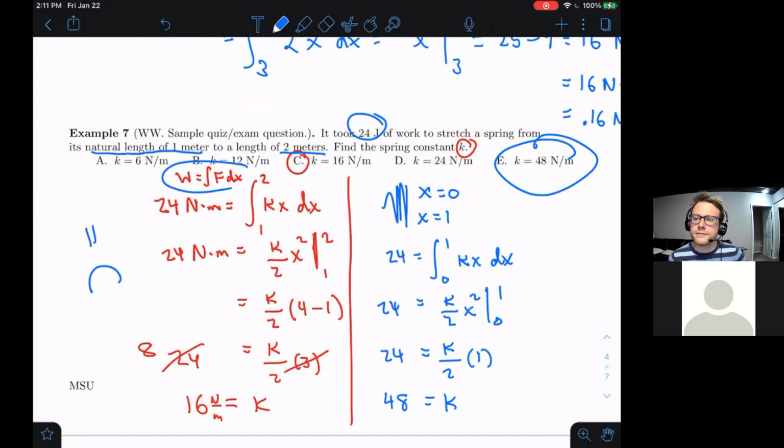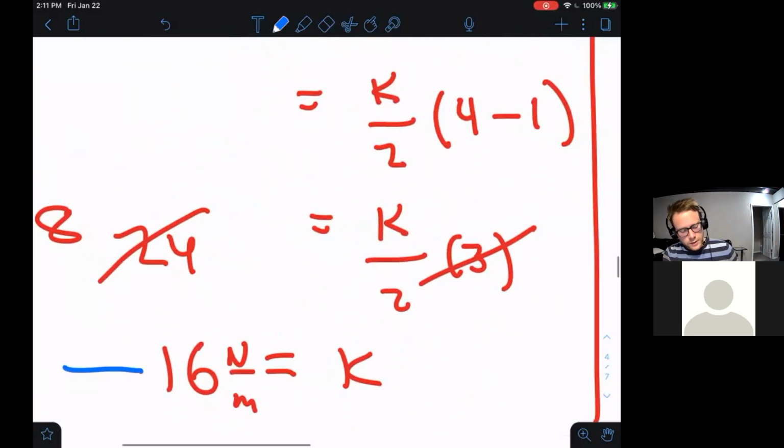Someone is questioning the relation between the force and the K, and in particular, what's the meaning of K. You can see it in its units here, right? The units are newtons per meter. So that is how many newtons of force it would take to stretch it to the next meter.